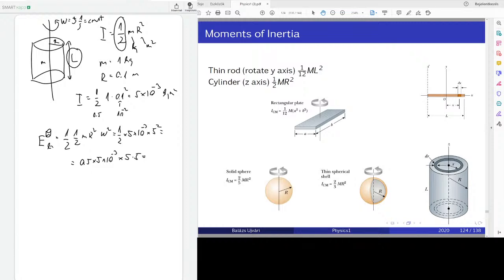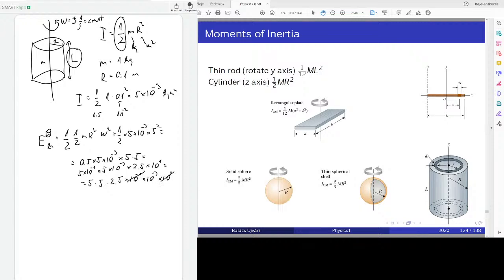So many 5. So this is 5 times 10 to minus 1 times 5 times 10 to minus 3 times 2.5 10 to 1.